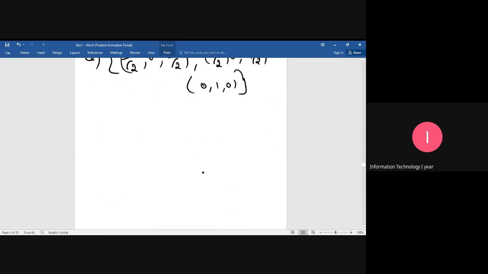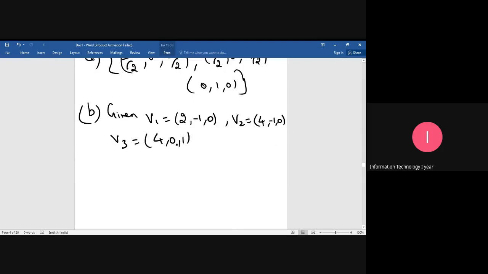Now the second question, the B question, is given. B1 is 2, minus 1, 0. B2 is 4, minus 1, 0. B3 is 4, 0, 1. So these are the vectors given.